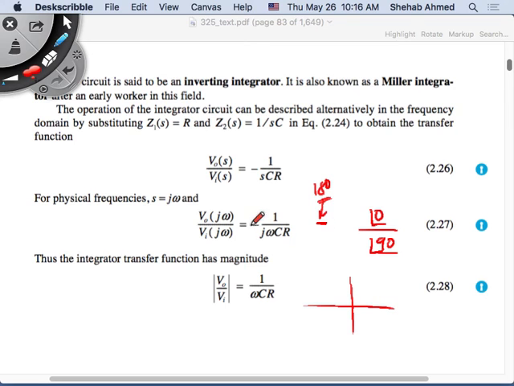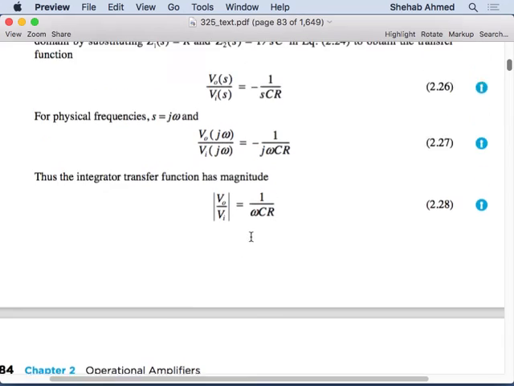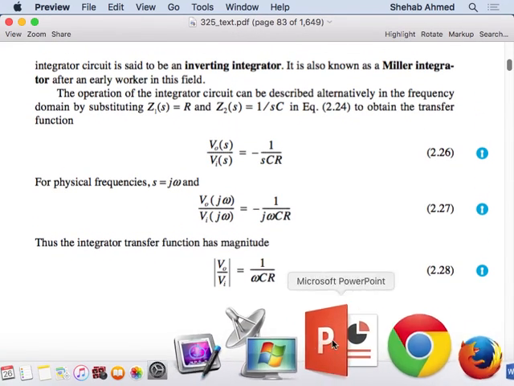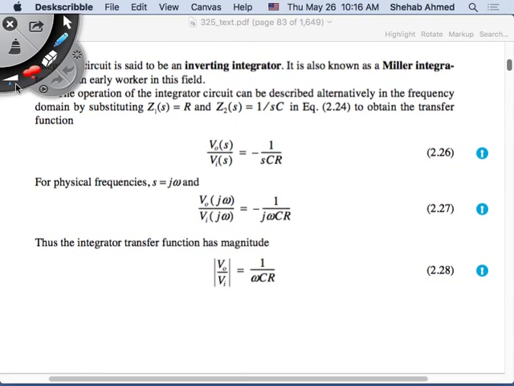The minus sign is causing 180, and the 90 in the bottom goes to the top as another minus 90. Maybe I did the 180 wrong.